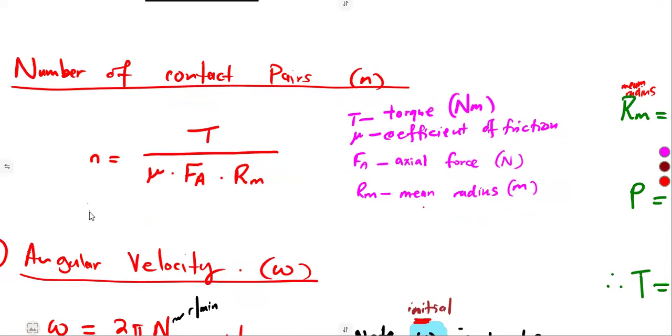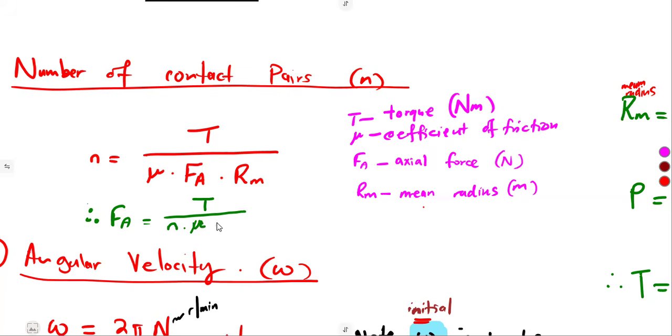So as we manipulated here, we can say that at the end, F_A is equal to the torque over the number of contact surfaces times the coefficient of friction times Rm.